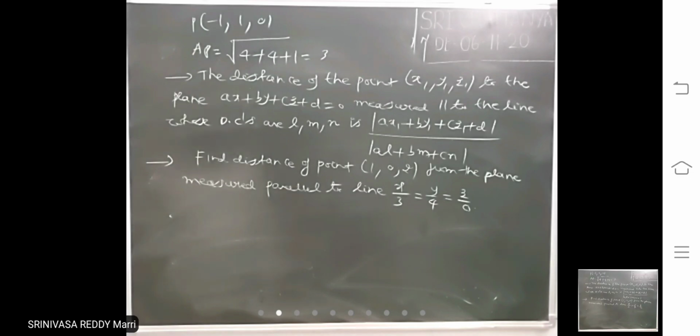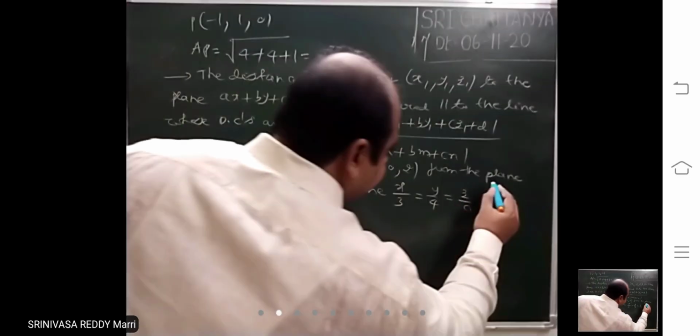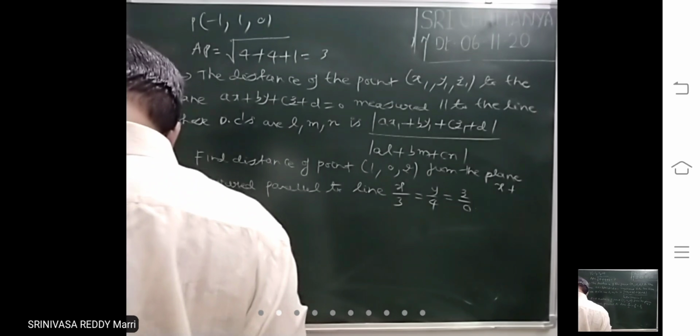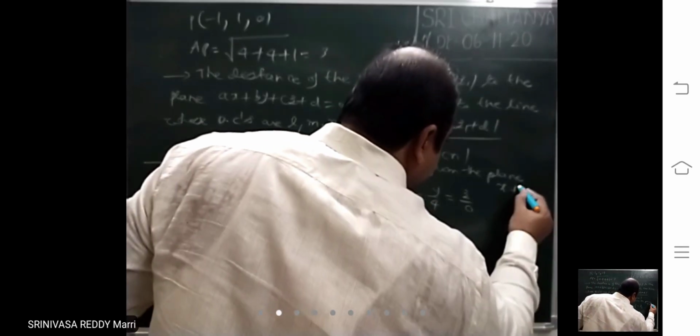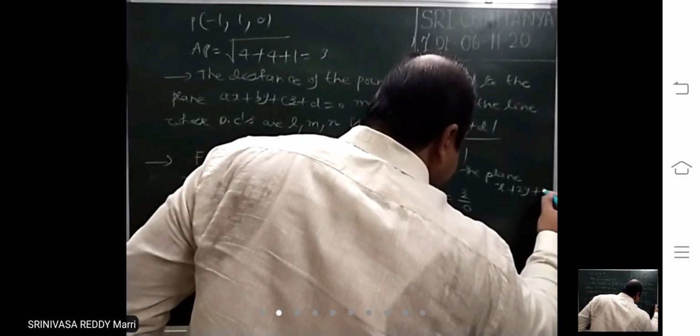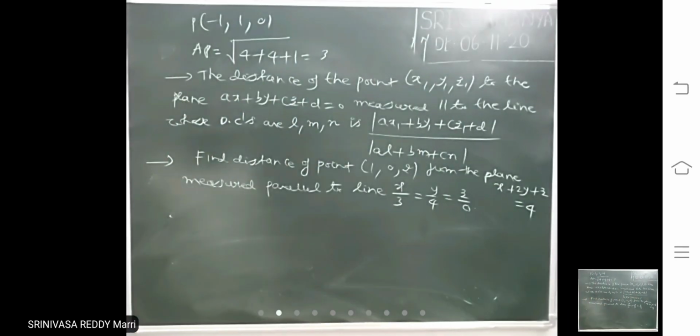From the plane equation you write down, the plane equation is x plus 2y plus z equal to 4.